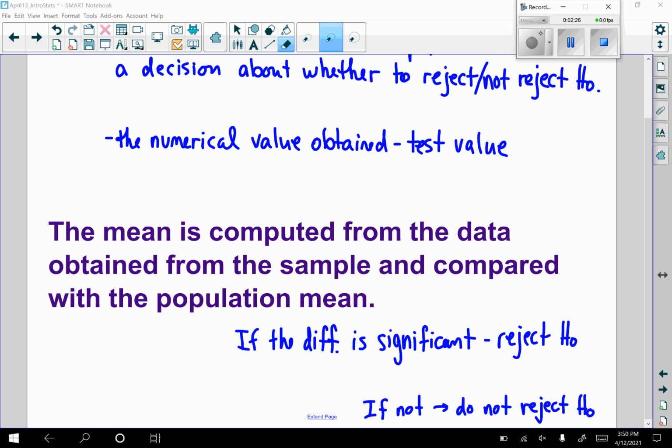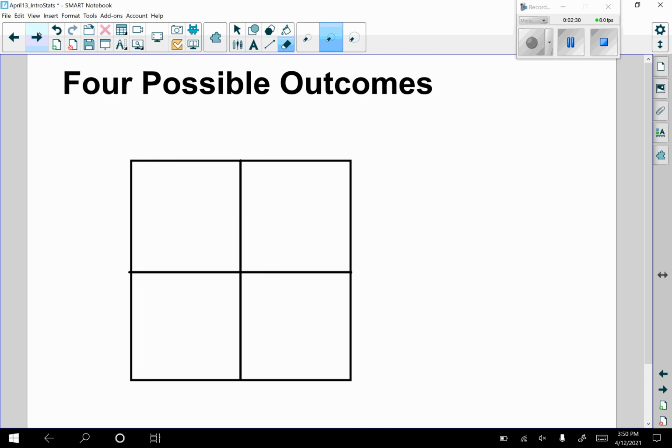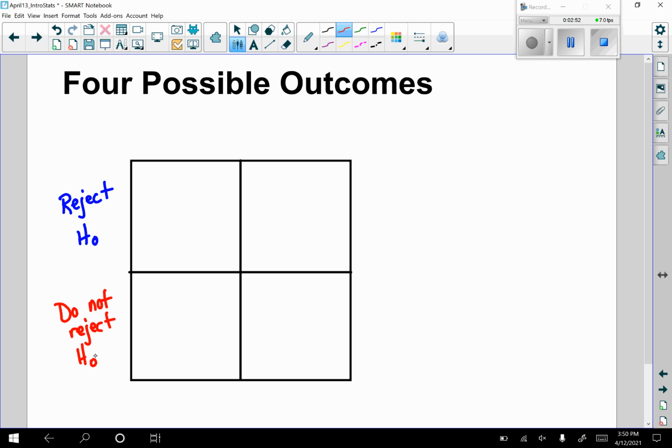So we're going to make a little chart for 4 possible outcomes. So just go ahead and draw this little box here. We have 2 choices. We're either going to reject the null hypothesis or we do not reject the null hypothesis. And there's 2 facts about the null hypothesis.